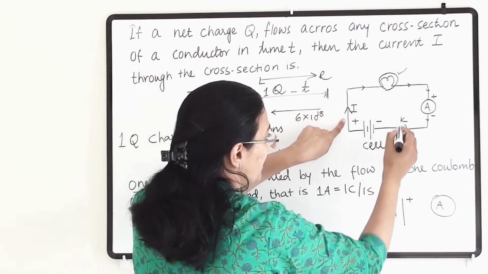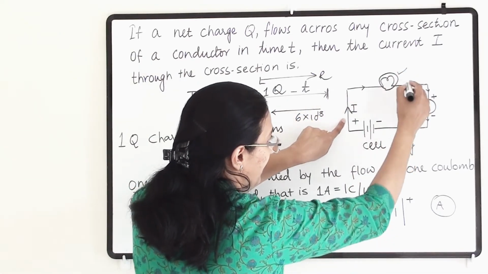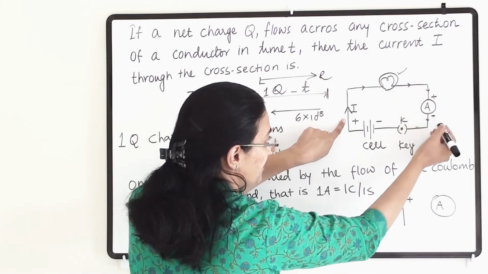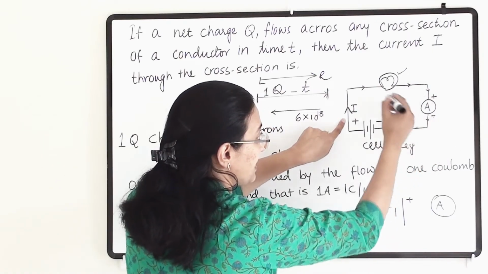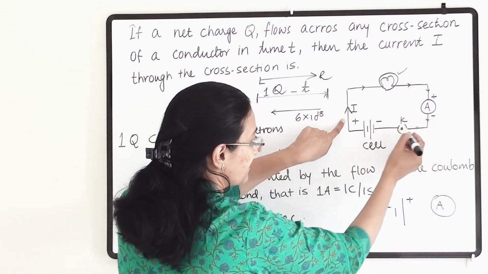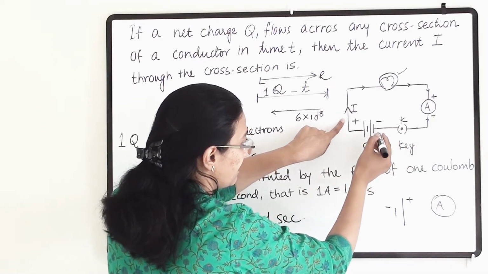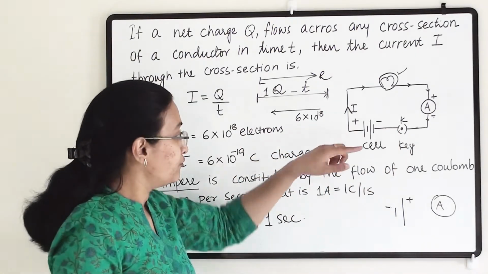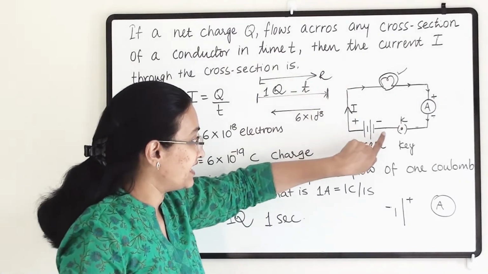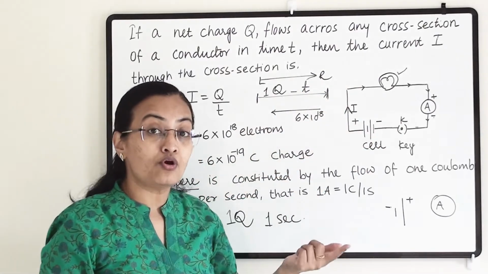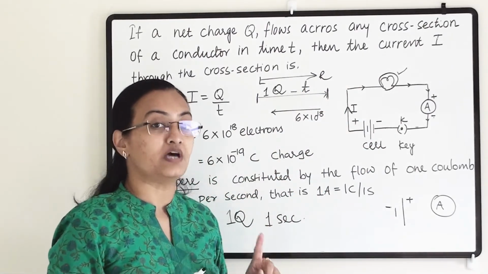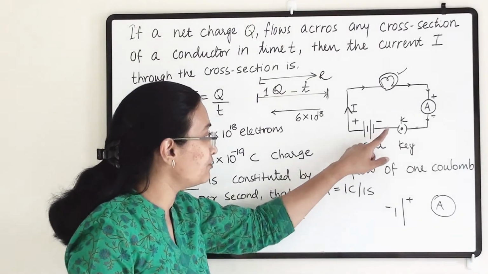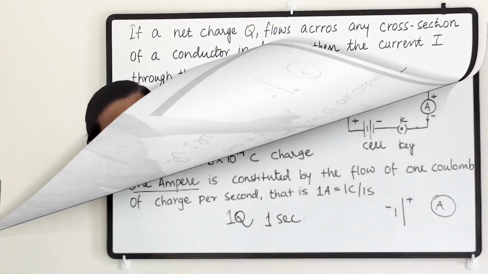The bulb will glow when the switch is on, and again it passes through the ammeter, which measures how much current is flowing. This is a key, and again it comes back to the negative terminal. Current will flow from the positive terminal to the negative terminal, and electron flow will be opposite to that, that means from the negative terminal to the positive terminal.